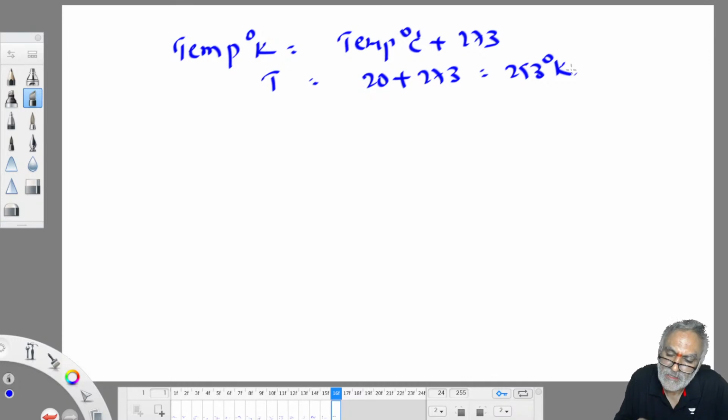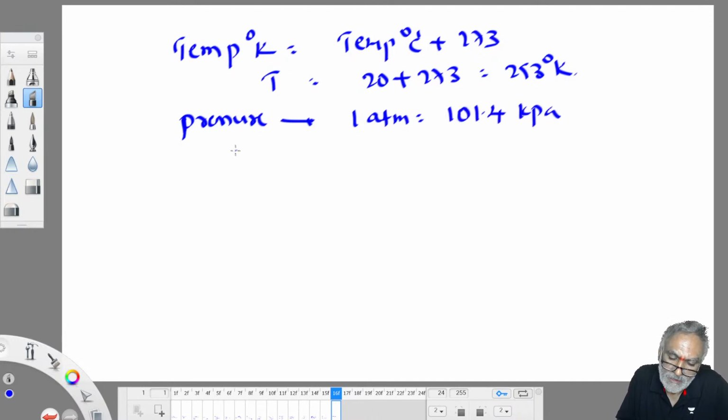That is first question. Second is pressure. One atmosphere is equal to 101.4 kilopascals. So pressure given here 202.8 kilopascals. Then how many atmospheres it is? 2 atmospheres.